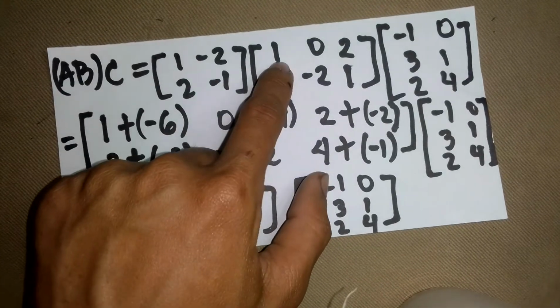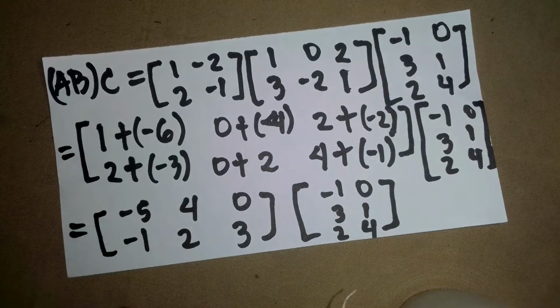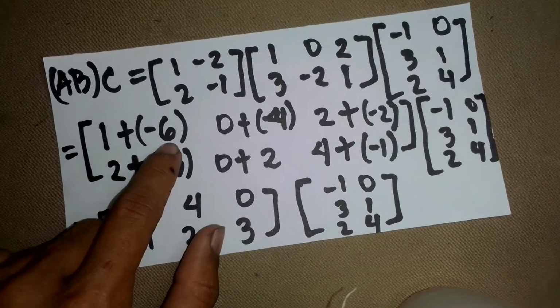1 multiplied by 1 is equal to 1, and this is how we get the first element.